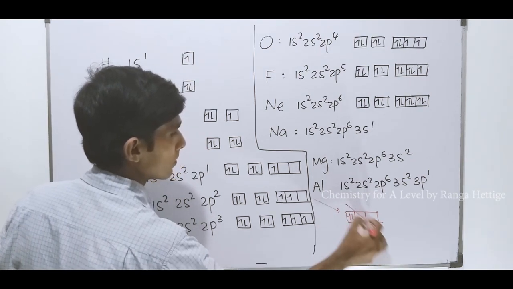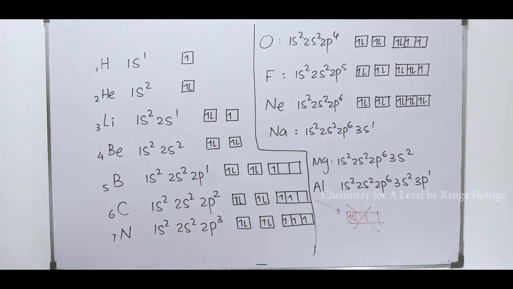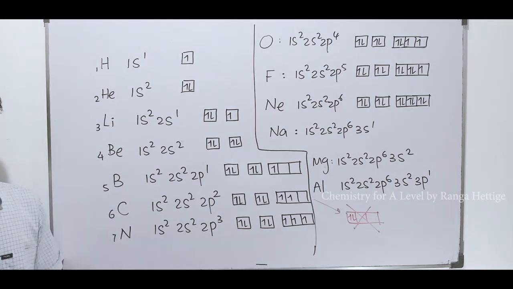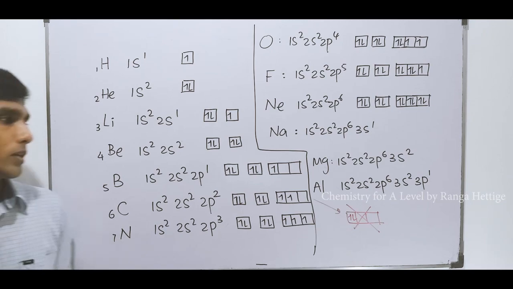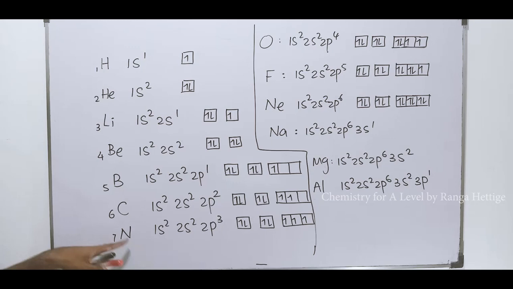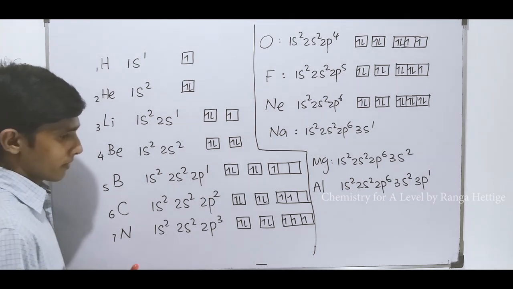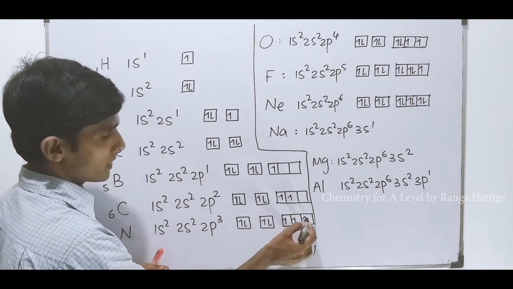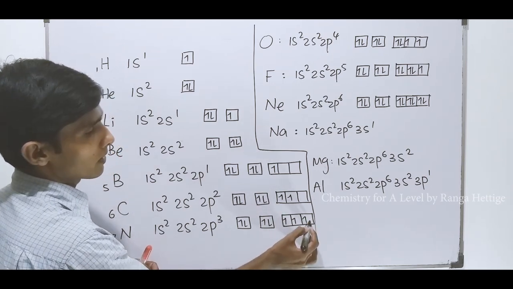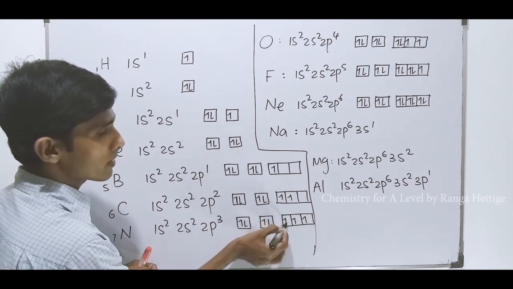Once you understand Pauli's exclusion principle, you will get more familiarized with this configuration. And when it comes to nitrogen, again you can see 1s2, 2s2, 2p3. These 3 electrons are added to 3 orbitals with the same spin.